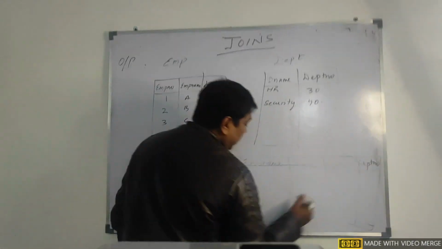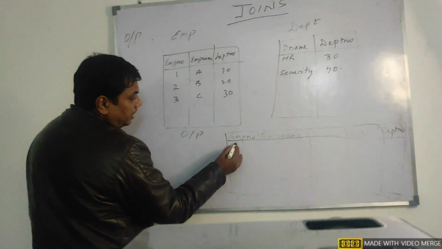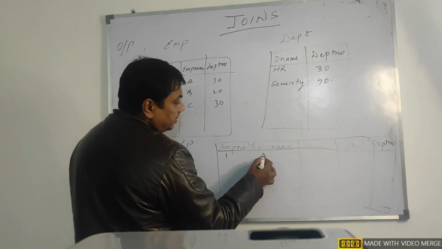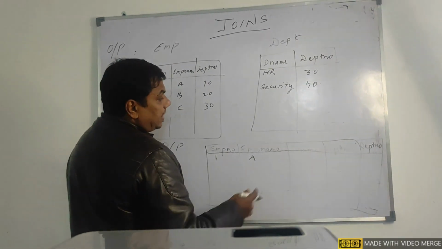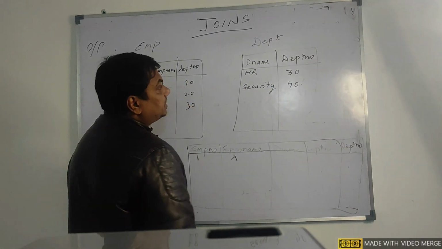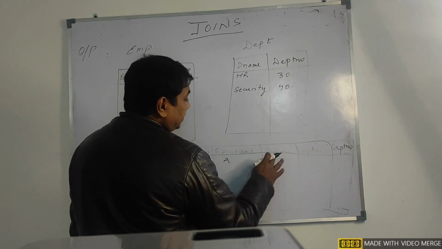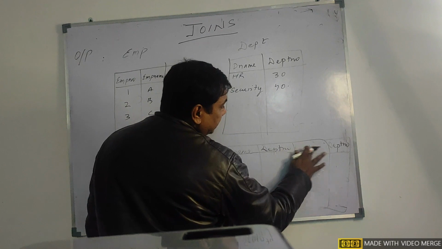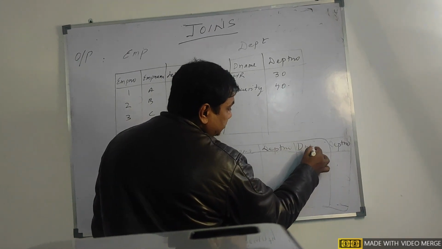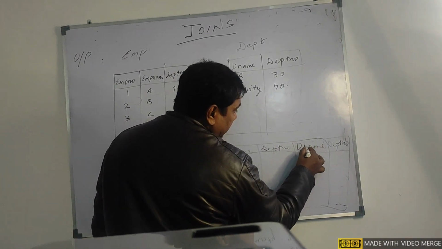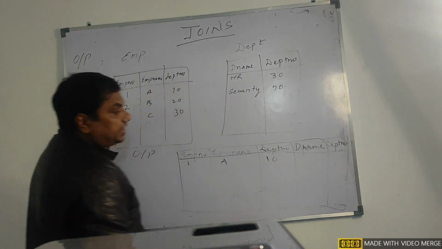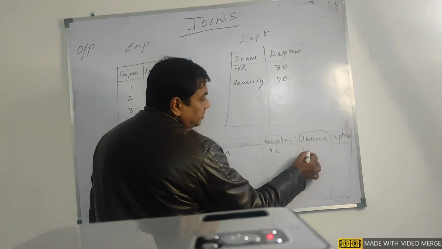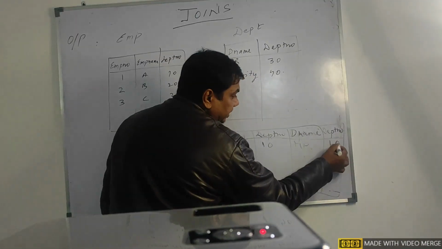The first output will be employee number 1, then the record A, and then the department name. The EMP table entire record, and then the department table will take its record. Suppose department 10 is HR. The first record will multiply to this particular record, so the output will be 1A 10 HR.